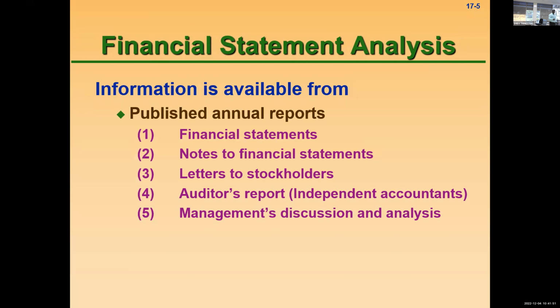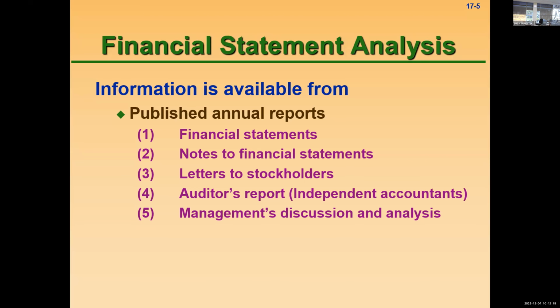The annual report contains the financial statements, which are the balance sheet and the profit and loss account, and notes to financial statements. You remember in the last class we discussed note numbers 1, 2, 3, 4. Suppose in the financial statement we find sales of 10 crore. How has this 10 crore of sales been made? Total sales 11 crore, 1 crore was returned as sales return.